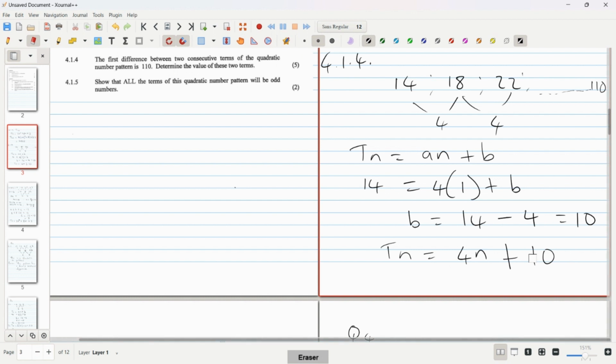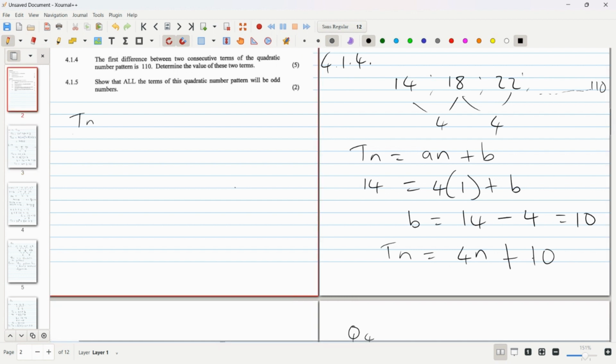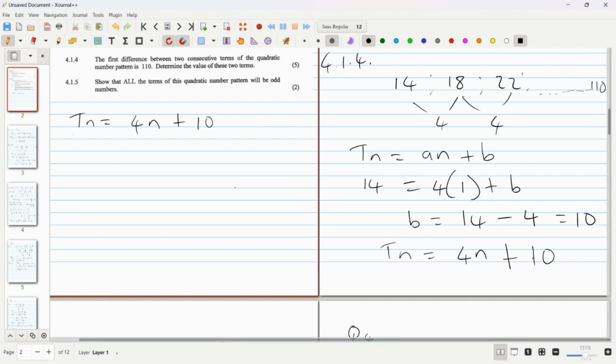Okay, so if I can continue on this side here with our general formula that we just calculated, Tn equals 4n plus 10. So we need to find where our value is 110.